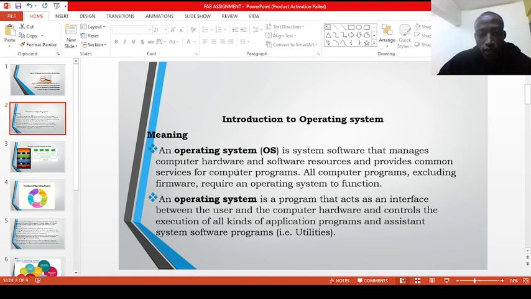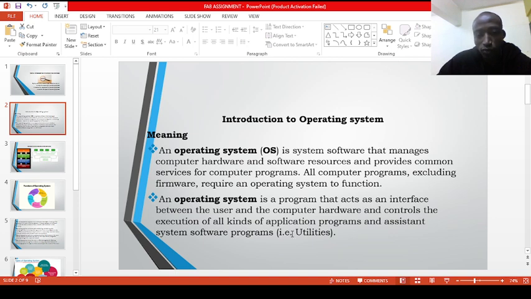So guys, an operating system is an interface between a computer user and the computer hardware. Basically what it means is that an operating system is used by the user to tell the computer what to do and enable the computer hardware to communicate back to the user.